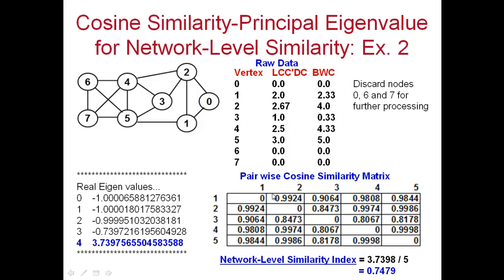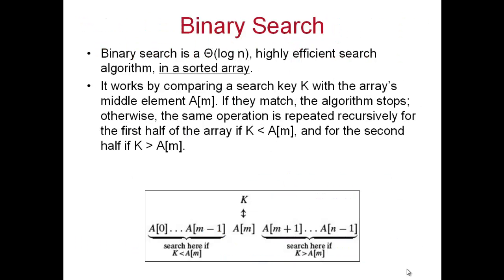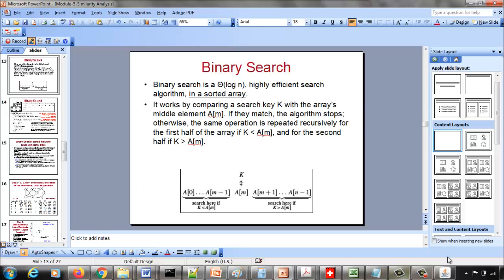That is something you have to remember. You should not divide by the total number of vertices. You should divide only by the number of vertices you have considered for the pairwise Cosine similarity matrix. So in this case it is 5. So 0.7479 is the network level similarity index for this graph. Okay, so with this we can stop this video.